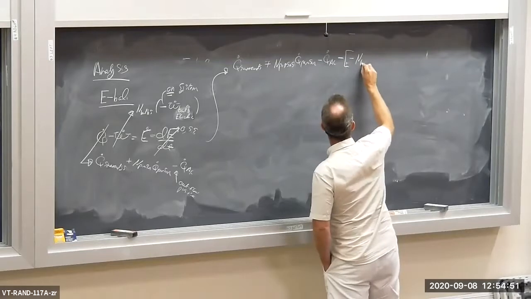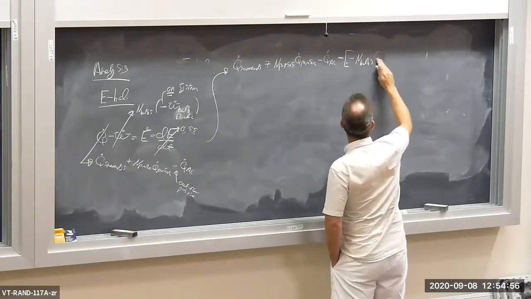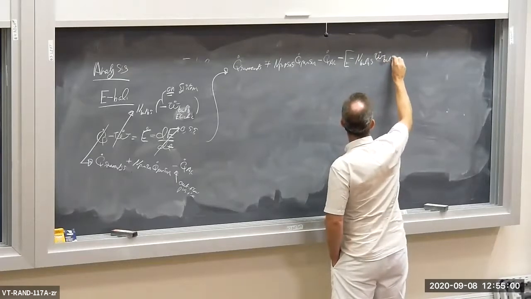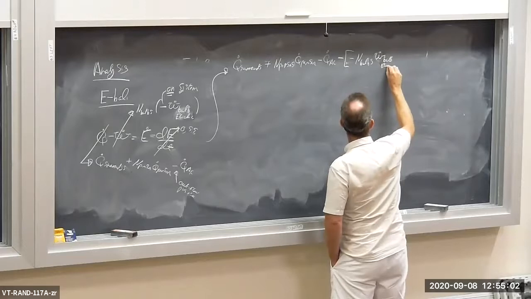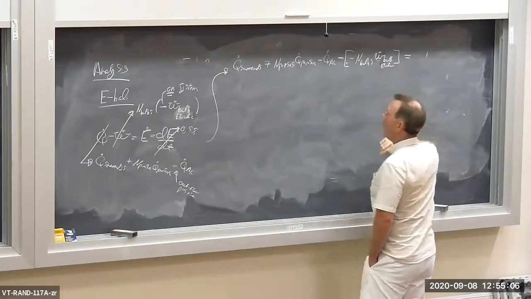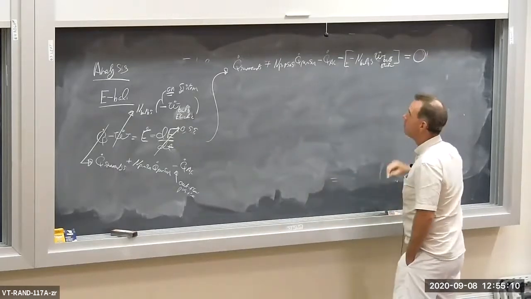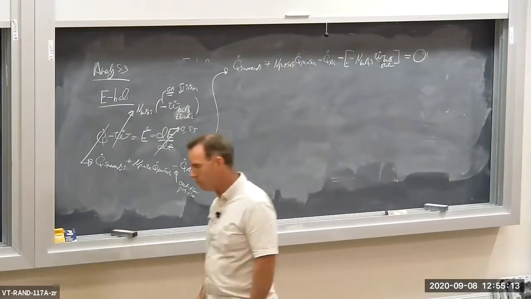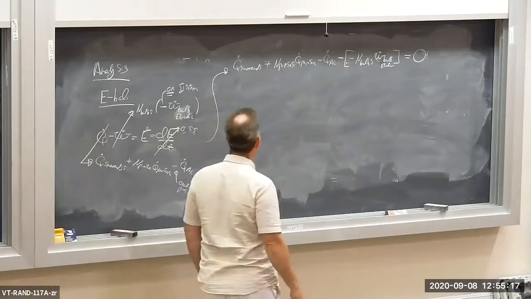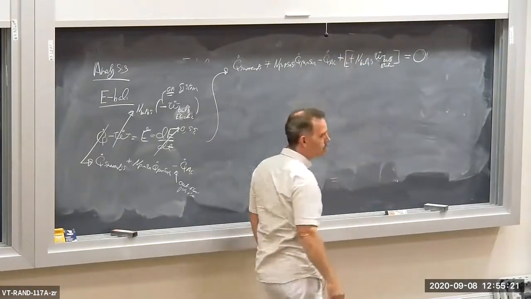Minus N bulbs W dot bulb electric, and all of that is equal to 0. Okay? Now let me solve for Q dot AC. Oh, by the way, that cancels out and I get a plus sign right there.